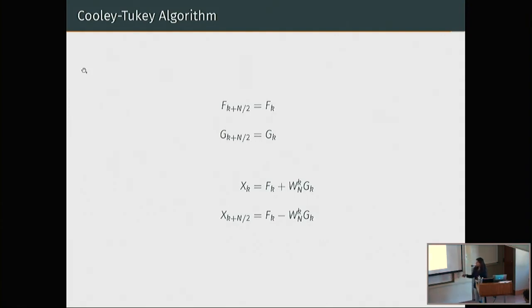The first half of xk, the first half of the Fourier transform, is if you add these two things, and the second half is just subtracting these two things.